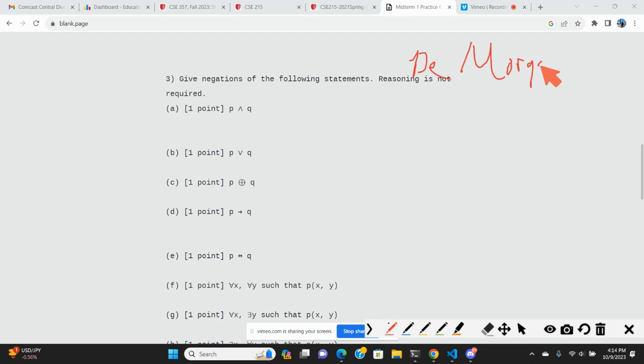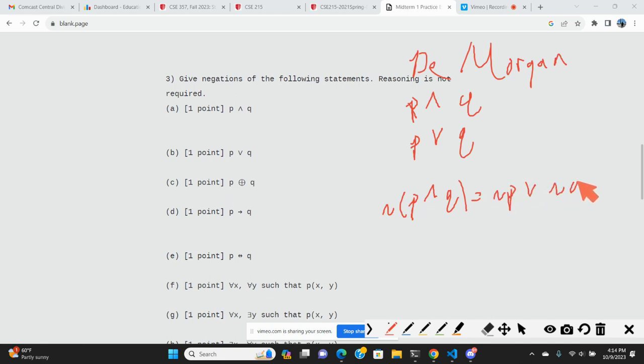Suppose you have some P and Q. Then the negation of P and Q is equal to not P or not Q. And the negation of P or Q is equal to the negation of P and the negation of Q.